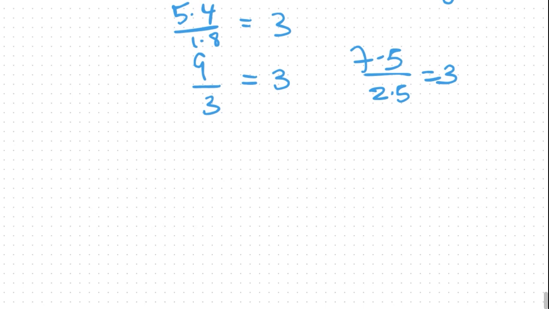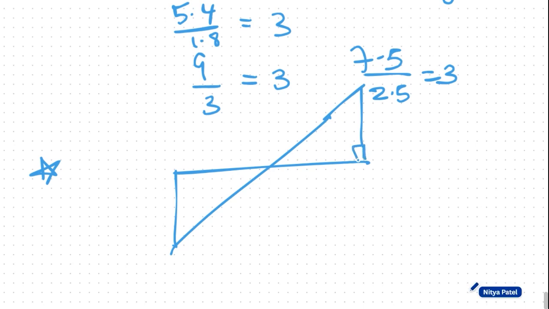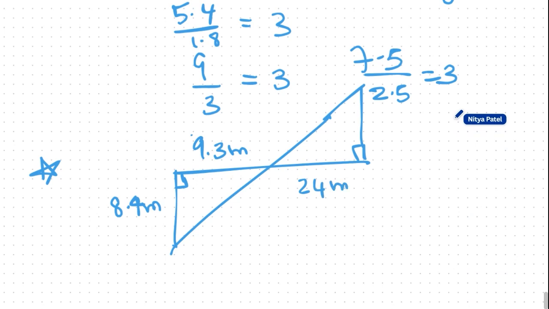So let us say there are two triangles like this. This is 9.3 meters. Let's say this is 8.4 meters. This is 24 meters. They are asking to find this missing side x.